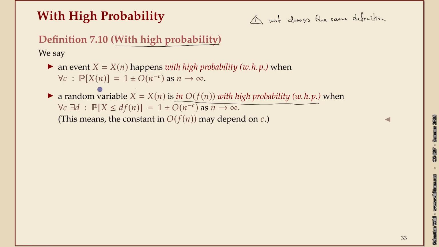Again, with high probability, you should have some error probability that's super polynomial. But now the constant in the big O, right? There's a hidden constant in front of f. That's the d. That is allowed to depend on your exponent. This may sound a bit arbitrary, but this turns out to be the right definition in many cases. This is often what you can show, and it's sufficient when you can show it.